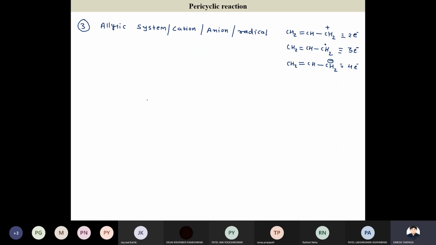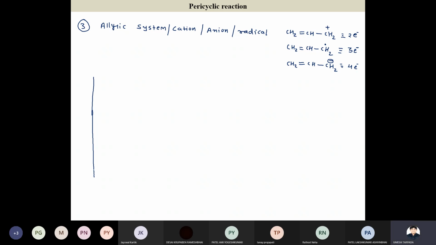So how many pi centers are there? 3 pi centers. Pi electron and pi center are different things. The center where pi electrons are present is called a pi center.